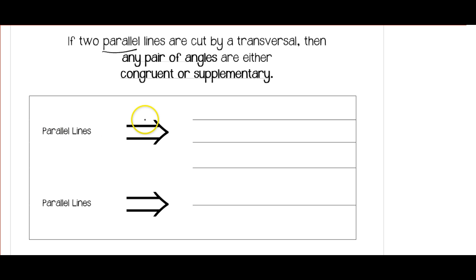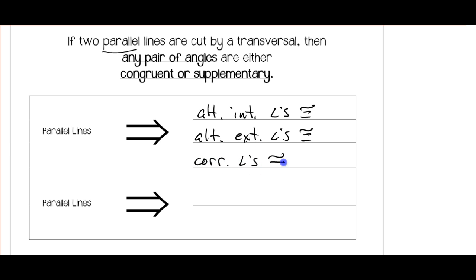So parallel lines are going to give us alternate interior angles congruent, alternate exterior angles congruent, or corresponding angles congruent.